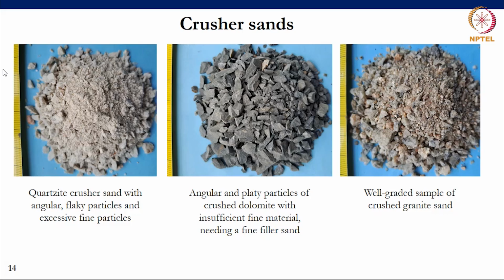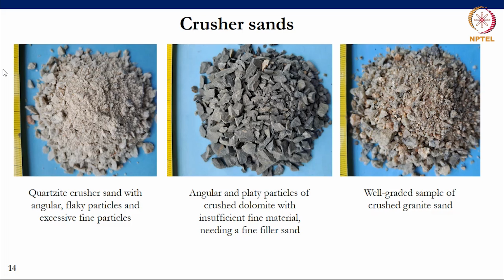Let's look at some crushed sands from parent rock. On the left is a quartzite crusher sand with quite angular and flaky particles, and certainly an excessive amount of fine aggregate particles. In the center is a very angular and platy shape of a crushed dolomite with insufficient fine material.